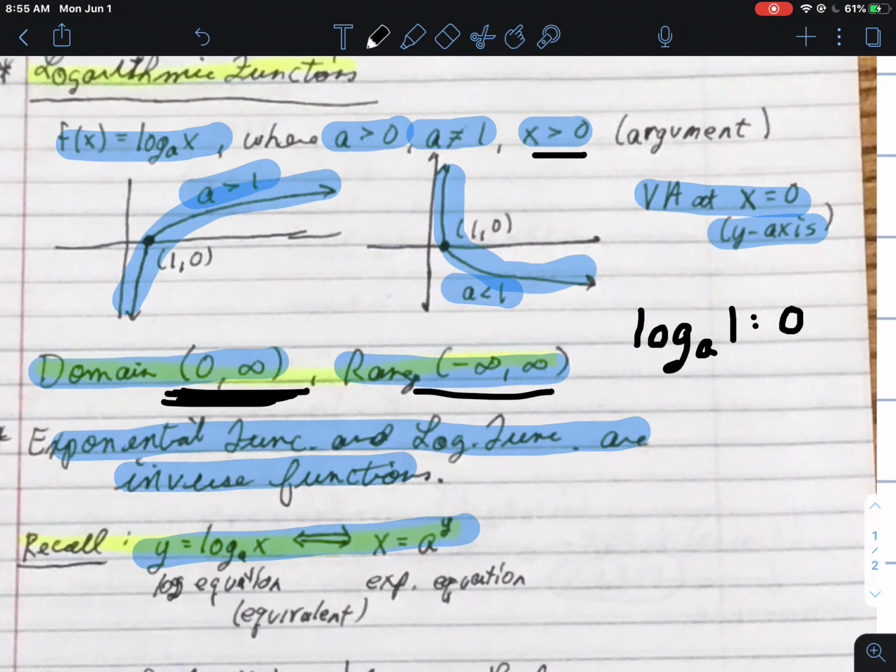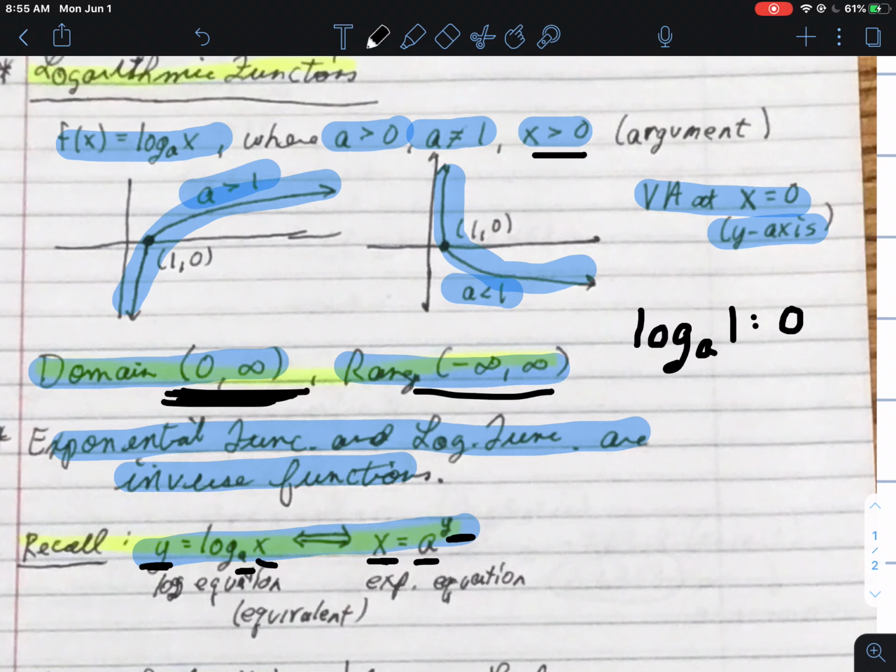But the basic idea is this: the value of a log is equal to the exponent that you would place on this base to produce the argument. So it's just taking the 3 pieces of the equation and rearranging them, and you have 2 equivalent equations.